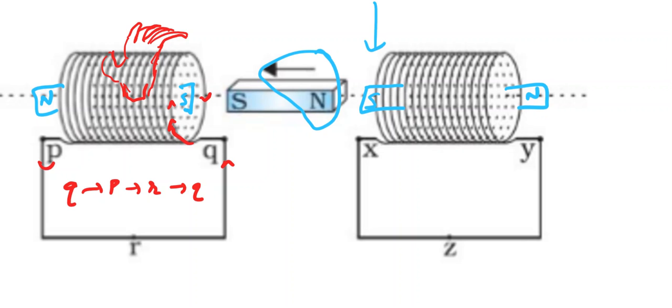So induced current should be in such a way that south pole must be created on the left end of this coil. Then only it can control this receding of north pole. And for that, the current has to be in this way. So current direction here must be from Y to Z to X to Y.